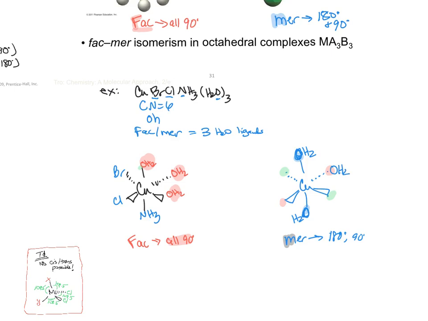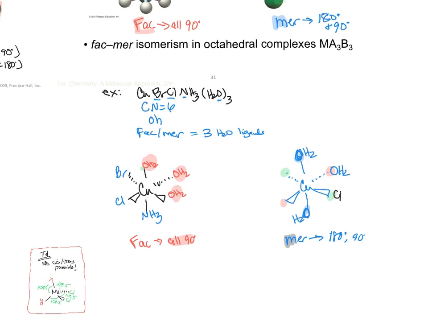And now we add our other ligands. I've got a chloro, a bromo, and an amine, N as the donor atom. So again, this is an example of fac-mer isomerism. You need to be able to look at a chemical formula and recognize what type of isomers exist. So we have to remember when fac-mer isomers exist. First, you must have an octahedral structure. If it's an octahedral structure, go ahead and see if you have 3 identical ligands.